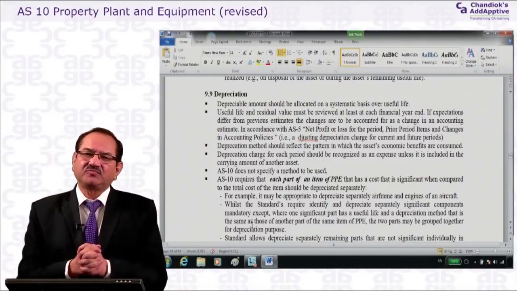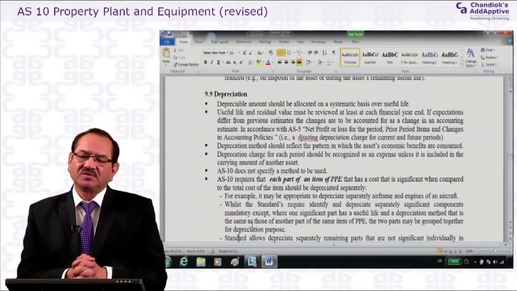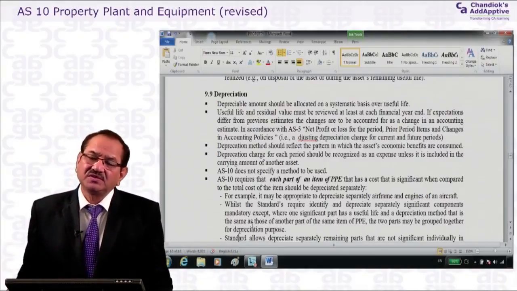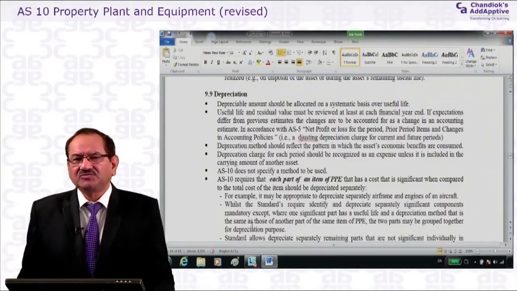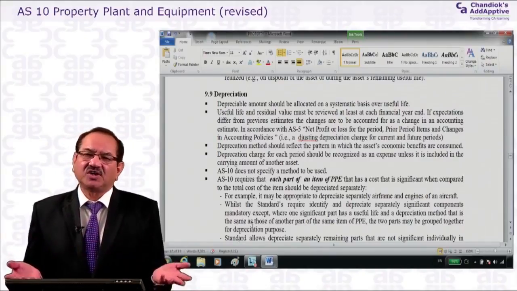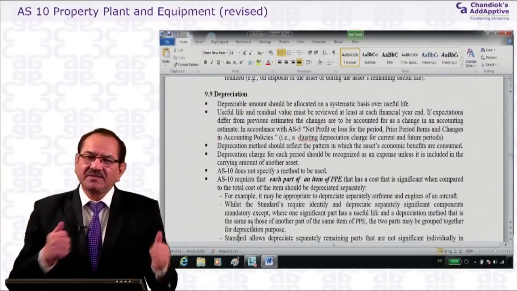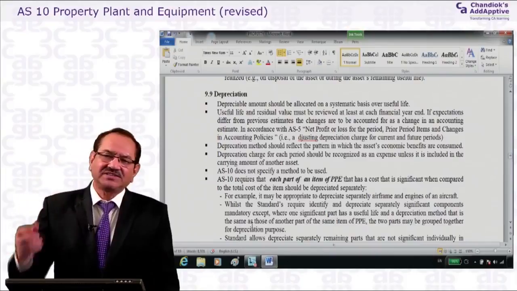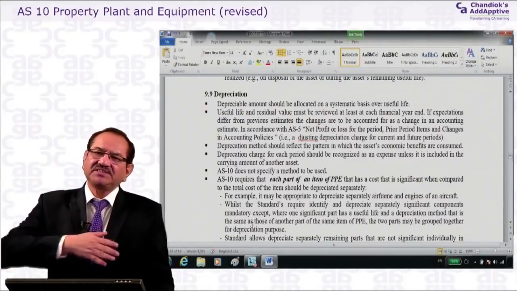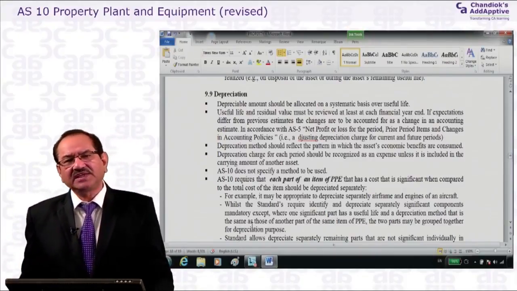So useful life is one, another is the depreciable amount. What is the depreciable amount? You have purchased the plant and machinery for 20 crores, and actually that has to be written off as a cost, because at the time of purchase you have not put that 20 crores in the profit or loss as an expenditure. This expenditure has to be put in the profit or loss over 10 years.